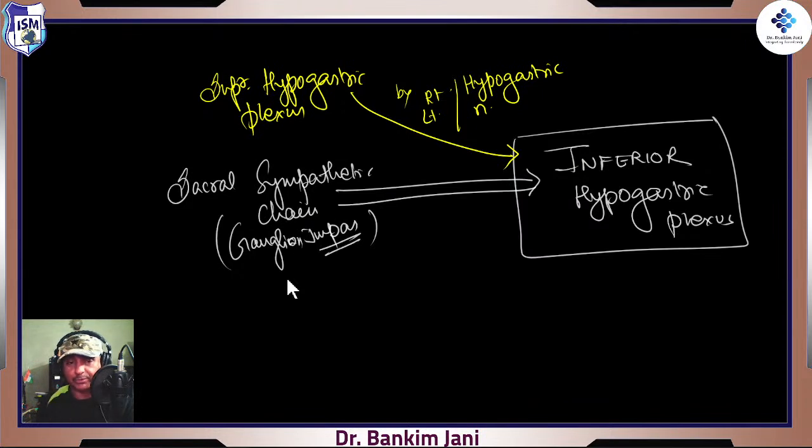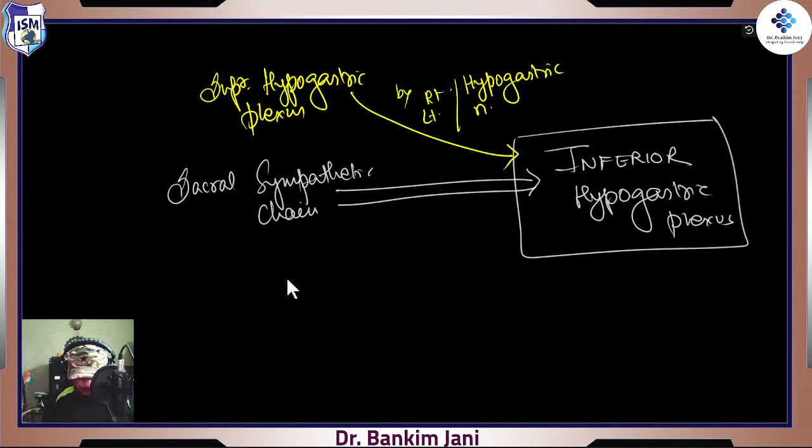And the lumbosacral plexus. Now you remember this lumbosacral. Let me make some space over here. See, the lumbosacral plexus, right? That lumbosacral plexus, which was having that ventral division, correct?